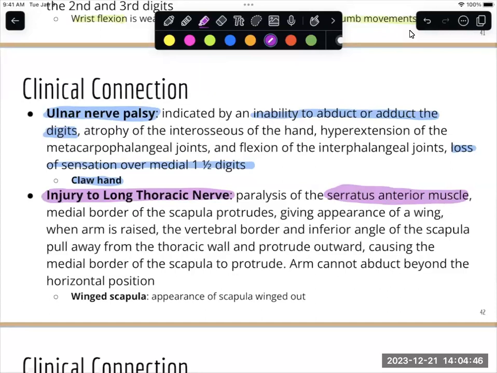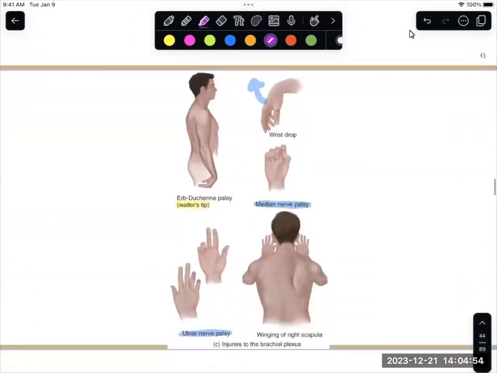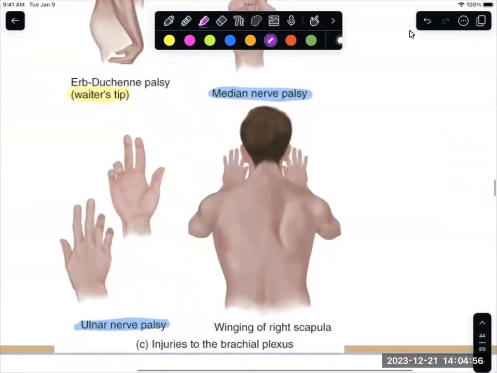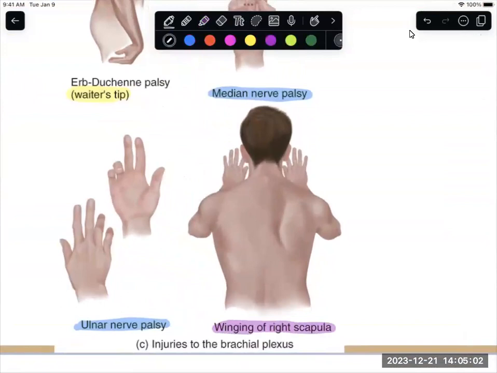So it's going to cause this winged scapula. So that scapula appears to be winged out. The way to tell if somebody has a winged scapula, you can see it physically sticking out a lot more on this right side than the left.